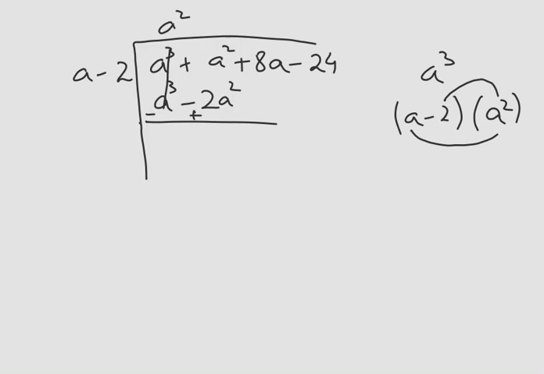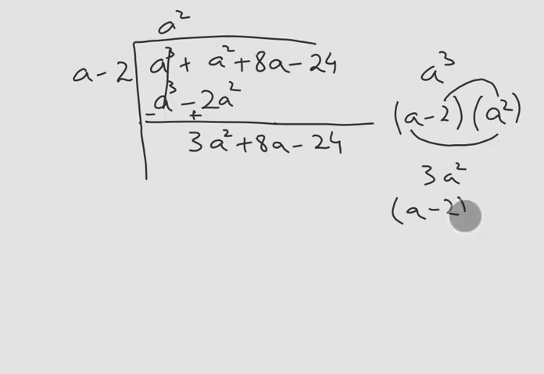Now plus 2a square and plus a square become 3a square, and plus 8a minus 24. Now again we need 3a square.